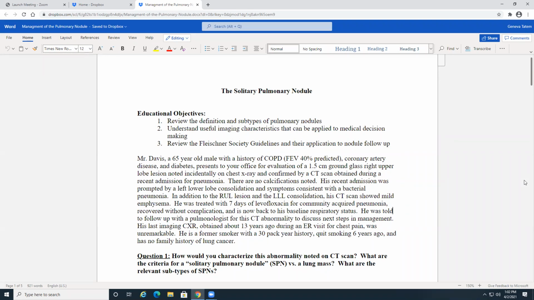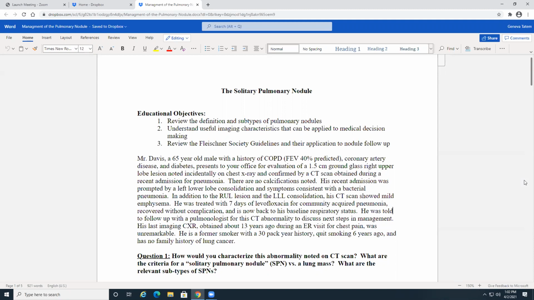pulmonary care. So there's a few educational objectives for this small group session. One is to review the definition and subtypes of pulmonary nodules. Two is to understand useful imaging characteristics that can help you with your medical decision-making when you're seeing these patients in clinic. And then also to review the Fleischner Society guidelines and their application to nodule follow-up.